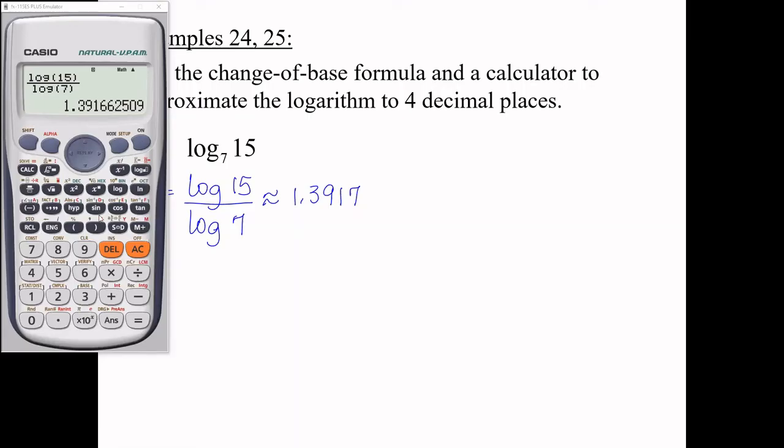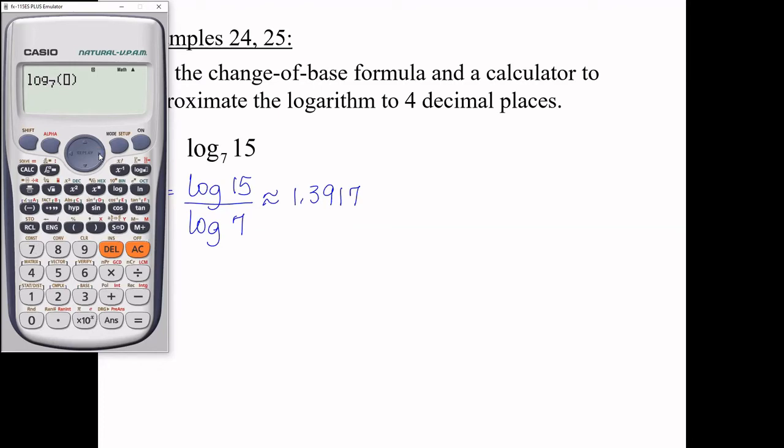This calculator, the Casios that I showed you, have a special key that the TIs do not have. The log base of argument key, right up here. Okay? This key, you just click it. In this case, we put in the 7.